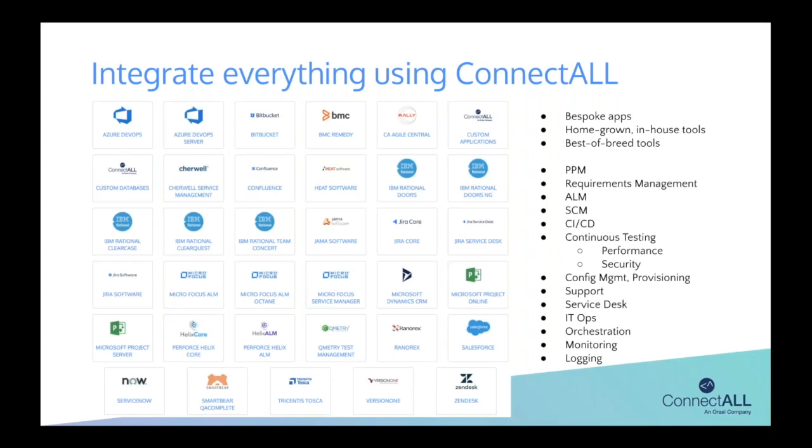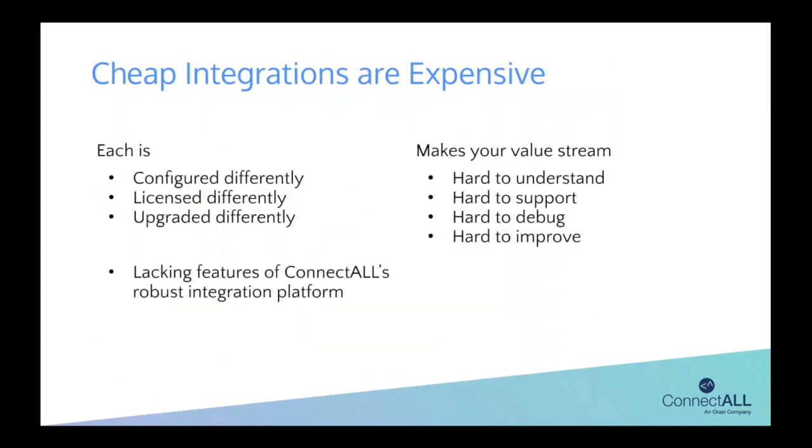It ends up being kind of difficult. So I've found that when you have many different point-to-point integration solutions in your dev ecosystem, it's silently expensive. Each one's configured differently, they upgrade differently, they're administered differently, and it ends up making your value stream harder to understand or support.